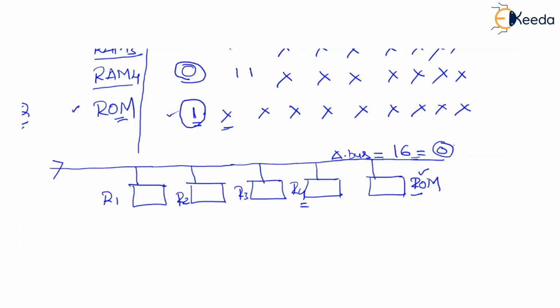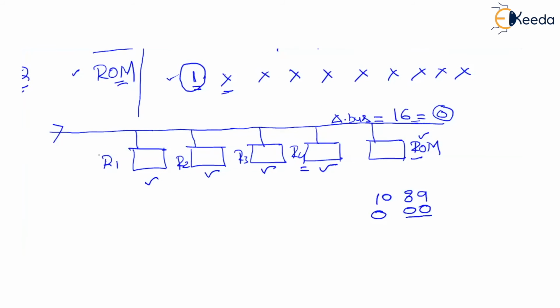Again, when it is equal to a 0, we need to select only one of the RAMs, because there are 4 RAMs: RAM 1, RAM 2, RAM 3, RAM 4. For that reason, we will use the 8 and 9 digits, because the 8 and 9 digits are free for RAM. If the reference address has 0, 0 in the 8 and 9 digits and a 0 in the 10th digit, this falls under RAM 1.